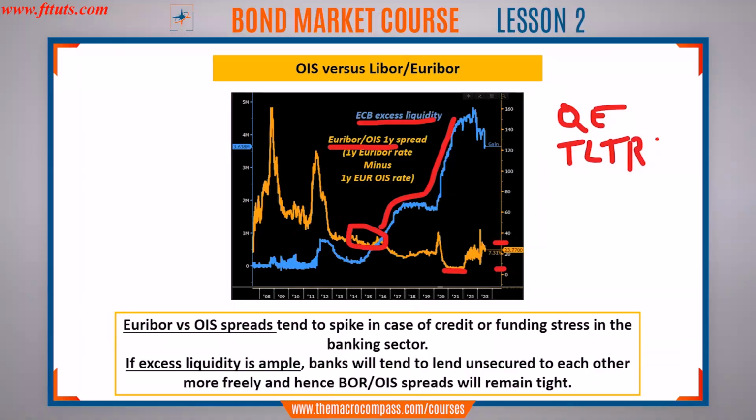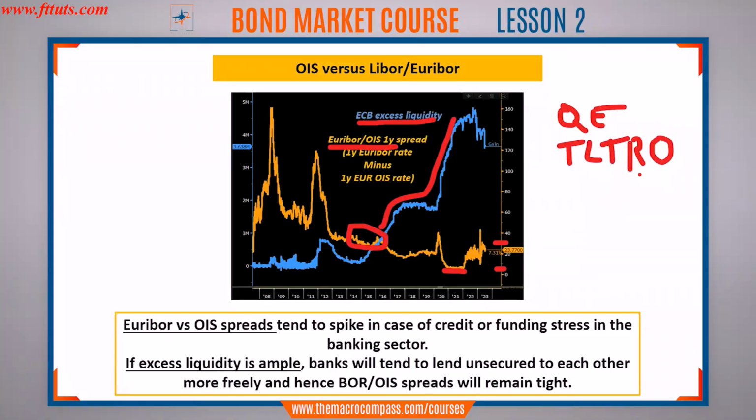Now, both of these monetary operations add bank reserves to the system. In quantitative easing, you have the central bank creating bank reserves and purchasing bonds with these newly created bank reserves. The bank reserves end up in the banking system and generate what's called excess liquidity, excess money for banks, basically.